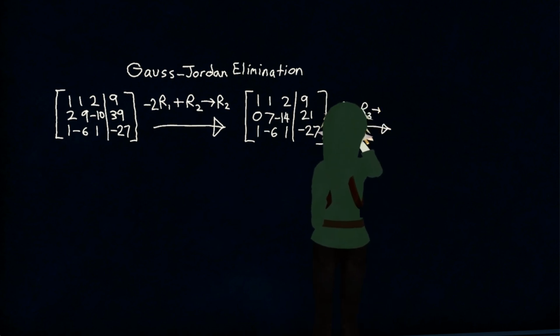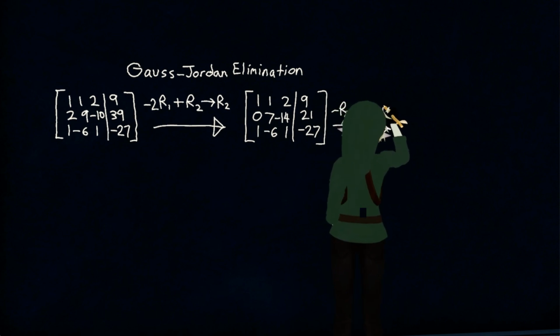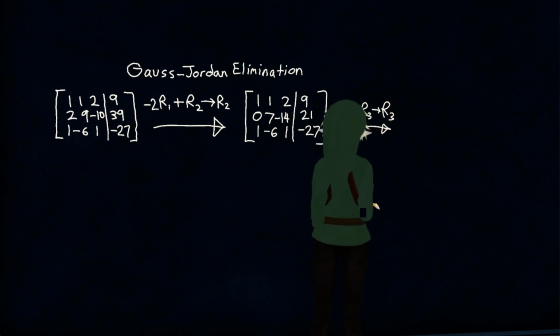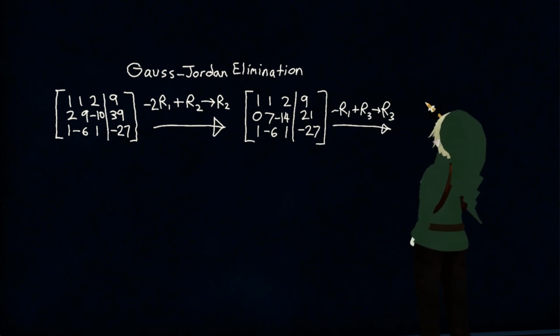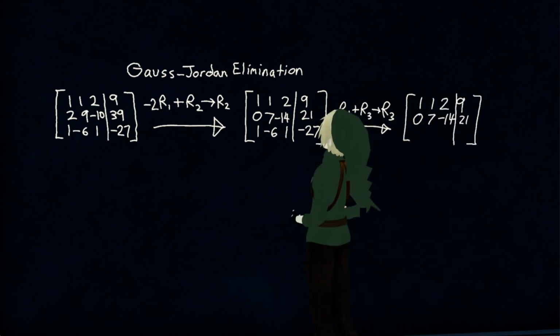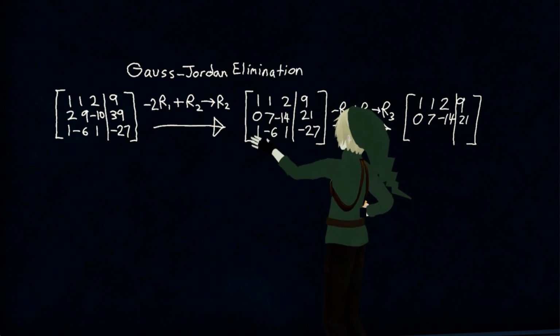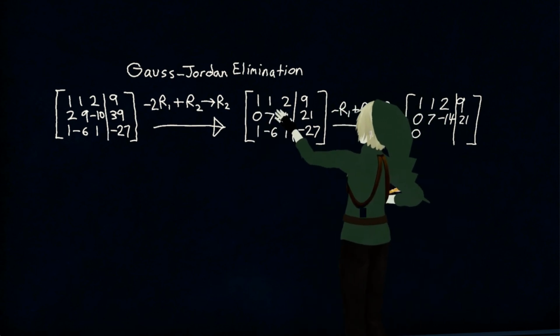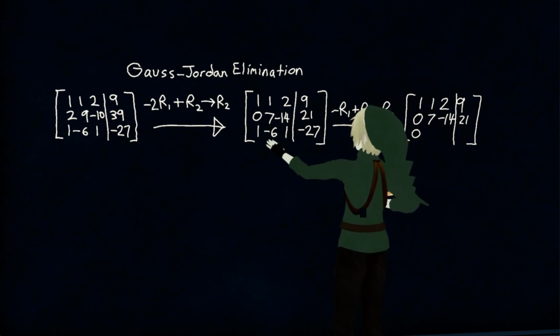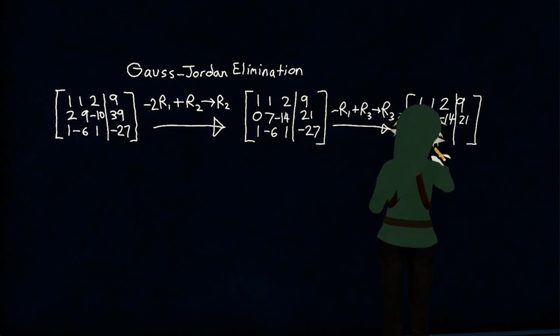And my result will be put into the third row. So now we go ahead again. Negative 1 plus 1, that's 0. Negative 1 plus negative 6, that's negative 7.